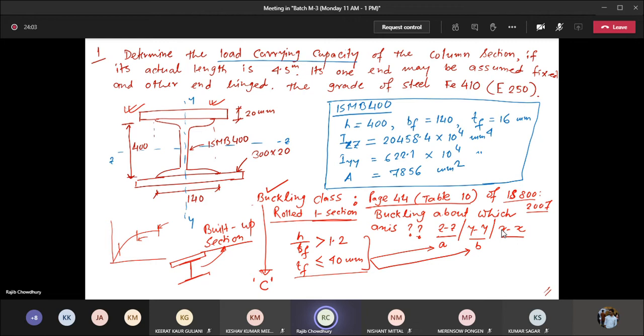Now what is meant by class A, class B and class C? I would request all of you to please have a look into that table of IS 800 2007. Even after that, if you are feeling some discomfort, then again we can start a fresh discussion. Okay, so this is called a buckling class, which buckling class it is.